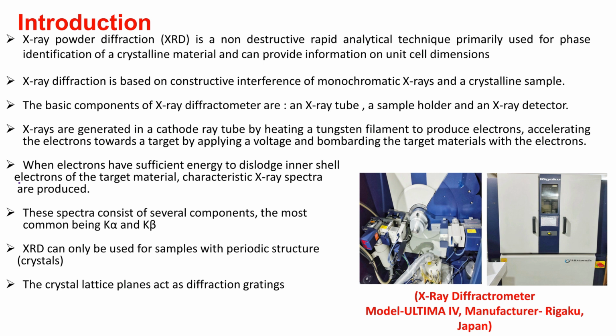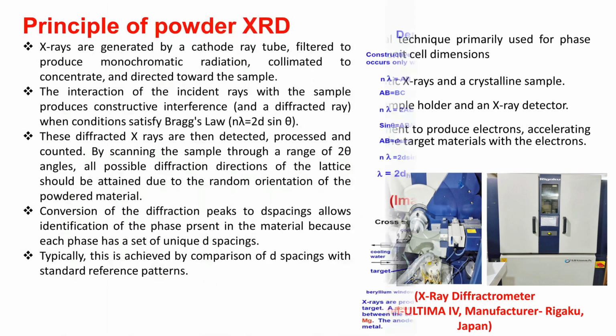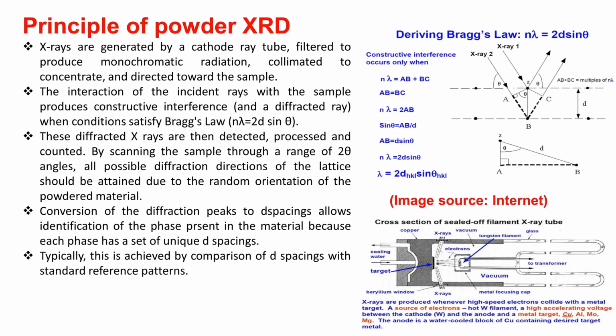XRD can only be used for samples with a periodic structure, that is, crystalline substances which have a long range ordered arrangement of constituent particles. The crystal lattice planes act as diffraction gratings. Principle of powder XRD: the principle of powder XRD is based on Bragg's equation.